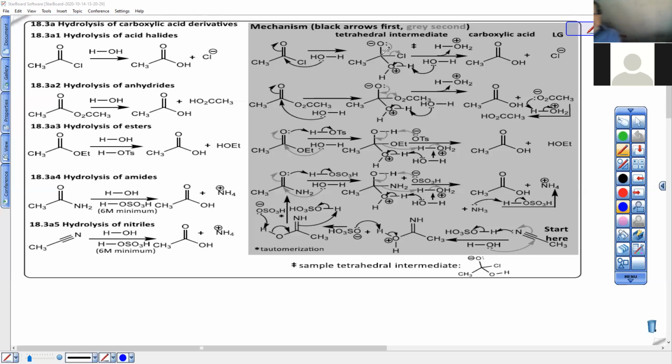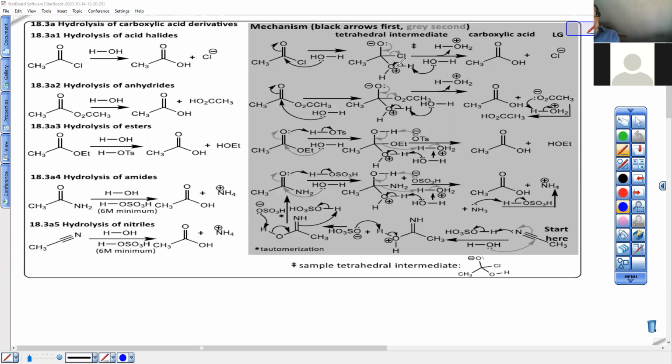It's a key intermediate. If you're looking carefully, black arrows being first, there would be a second tetrahedral intermediate caused by the neutralization of the oxonium ion. And I've drawn that one down here. That's another sample tetrahedral intermediate. That would be breaking it down into the steps.